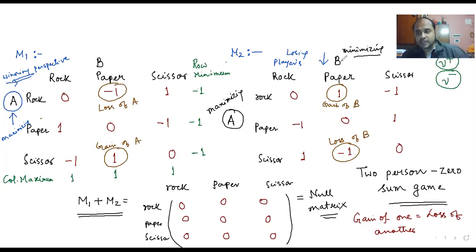So what I initially did wrong, I put B on the left. As Kostov rightly said, if you just interchange the position of the two, the matrix is not going to change, because then B becomes the maximizing player. That should not be the case. Do not change their position.